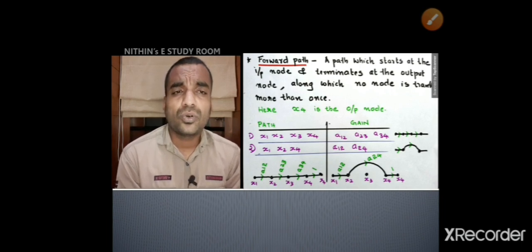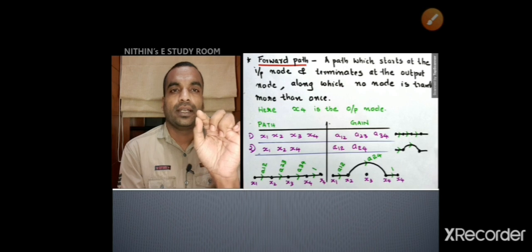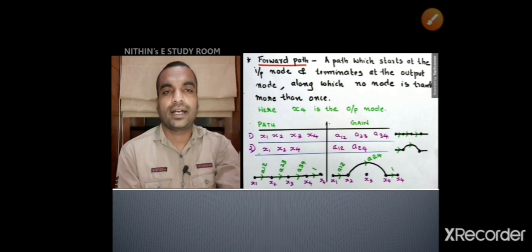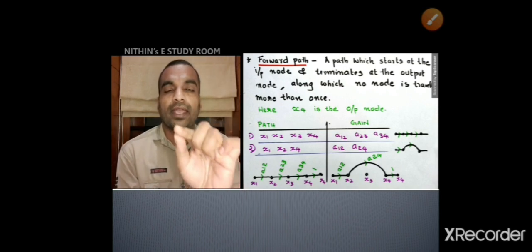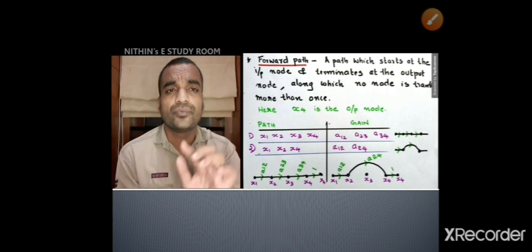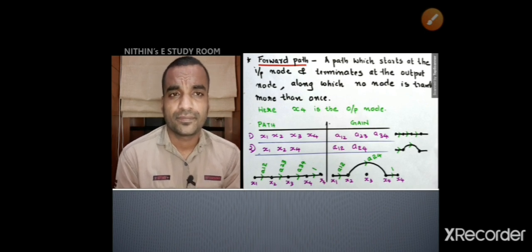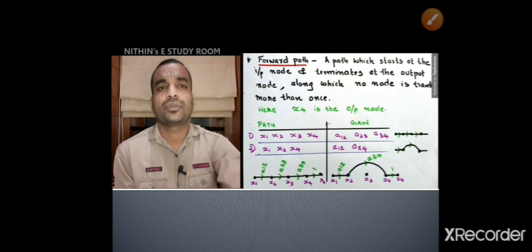So we can draw some forward paths in our problem also. But there is a condition: along which no node is traveled more than once. If I am touching x2 and the same path is again touching x2, then it is not a forward path. Okay, we can come to our figure.